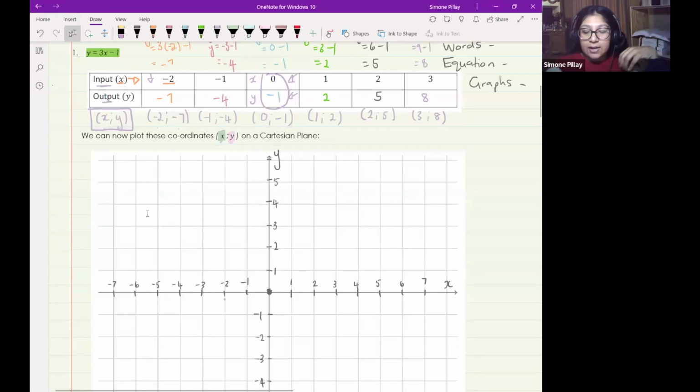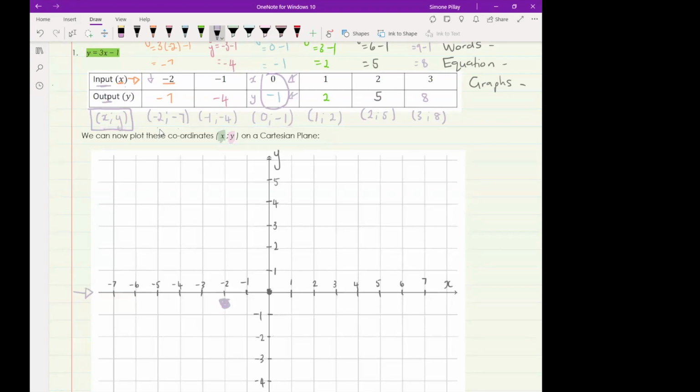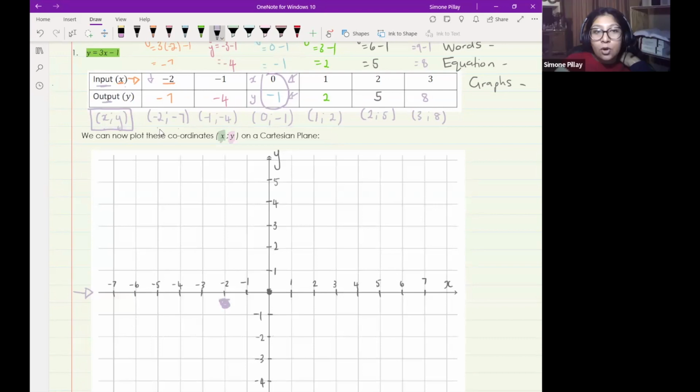So my x value in this first coordinate was -2. Because I was dealing with an x value, I knew to look at this horizontal line to find -2, and that's how I ended up here. Do you see that? Yes, I do. And then because I'm on -2, I then moved on to find my y value of -7.